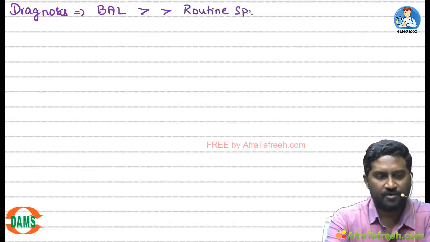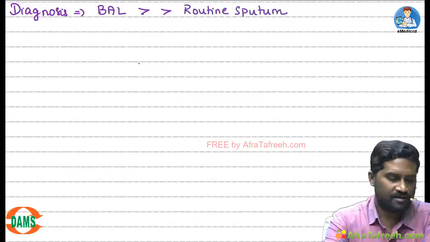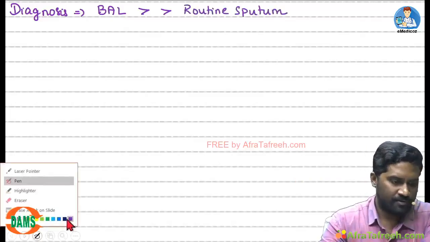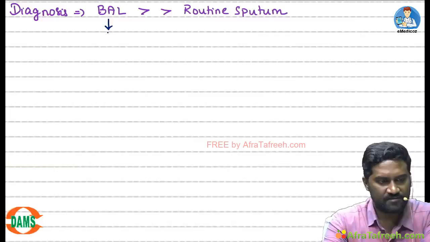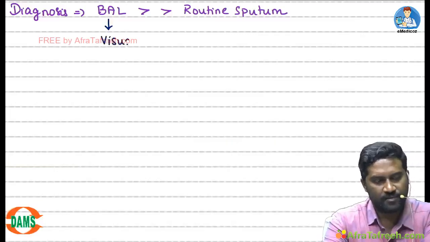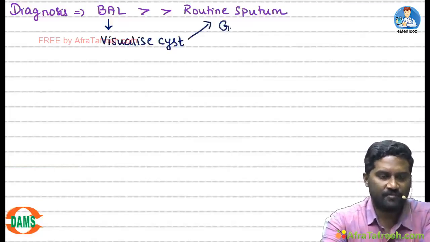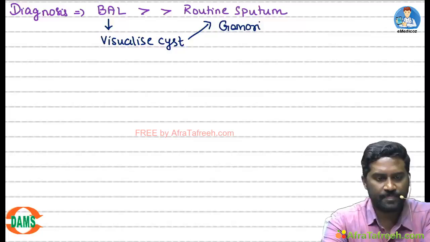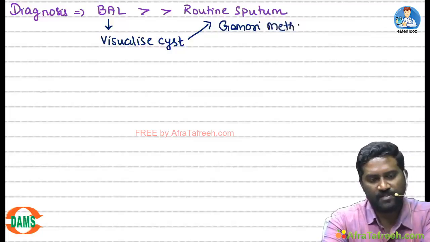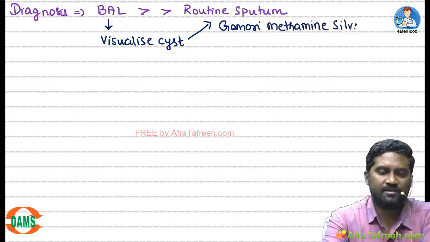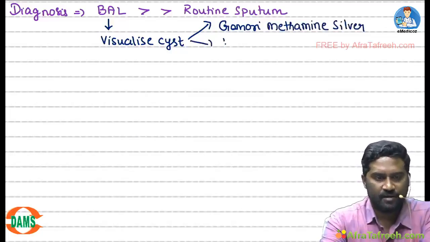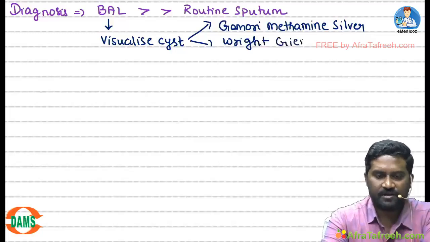Now with this bronchoalveolar lavage, what exactly should I do? I am going to visualize the cyst. I am going to see the organism, visualize this cyst with the help of special staining. We have Gomori methenamine silver stain, right, Giemsa stain.